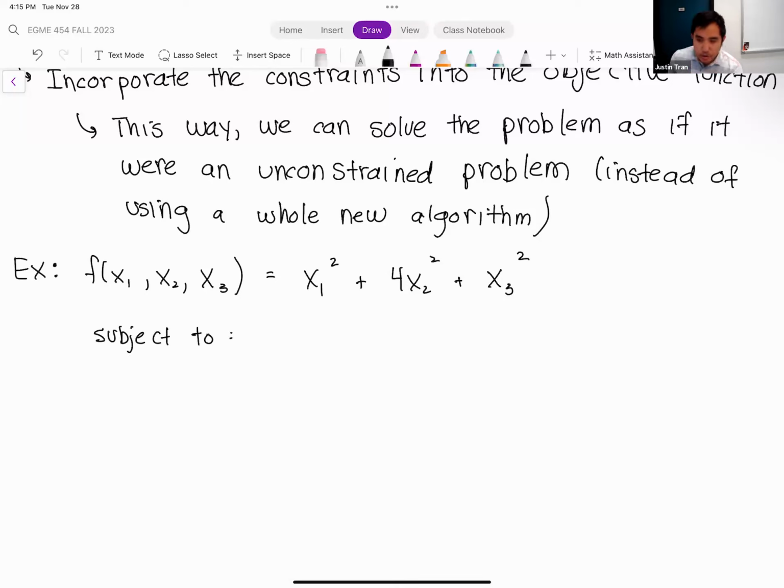Since this is a constrained optimization, we have to add our constraints here as well. The first constraints that we're going to have are these inequality constraints, which are upper and lower bound constraints. For example, the value for x1 is constrained between -1 and 1.